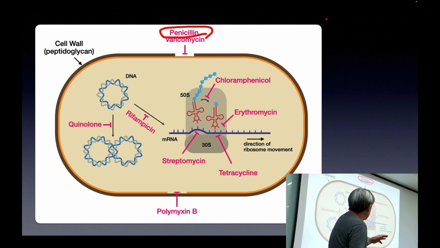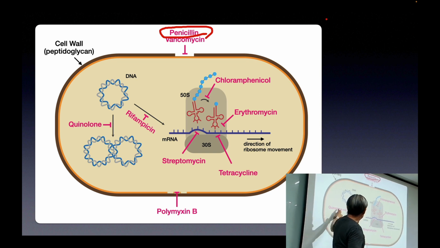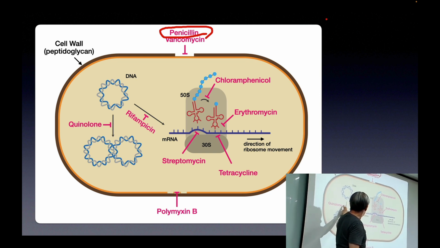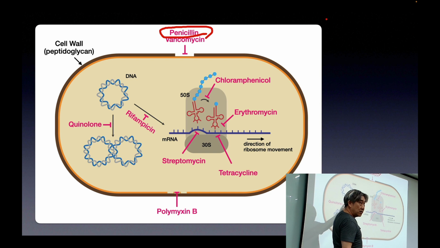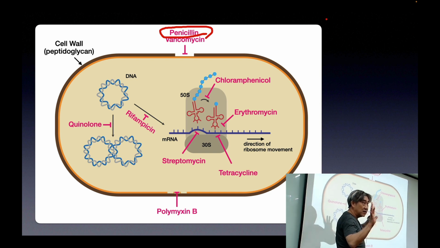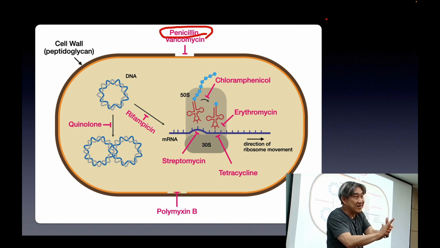And by the way, on this cartoon, what do you think? The activity of penicillin is achieved through what? In biology, this particular type of arrow, the black arrow, always indicates what? Inhibition, blocking.